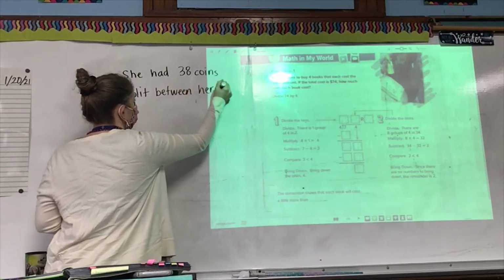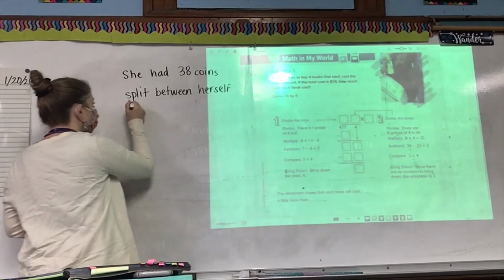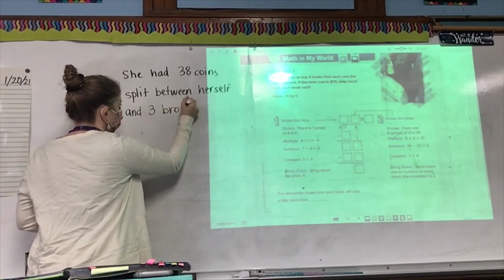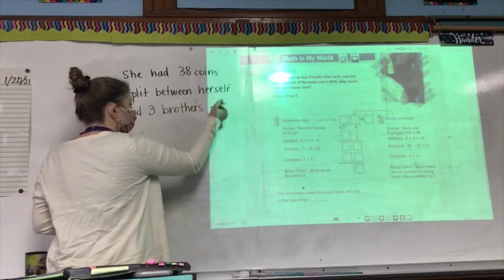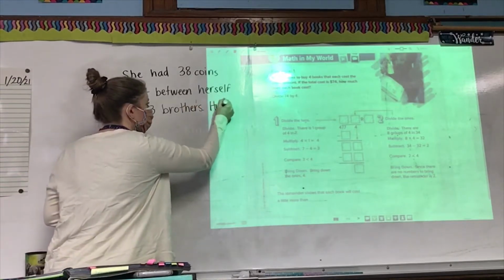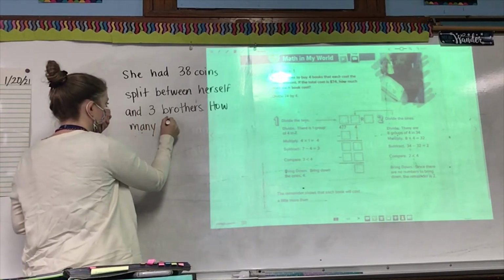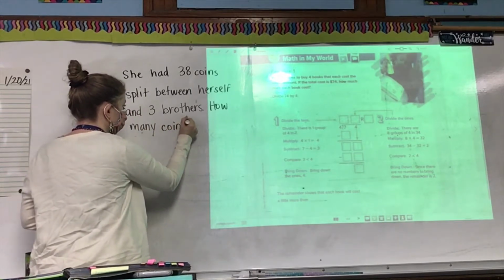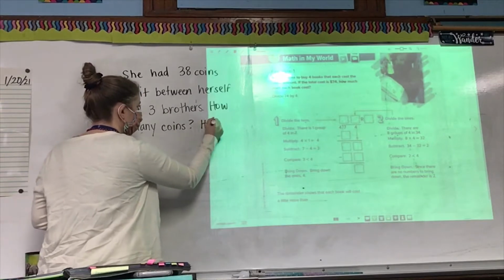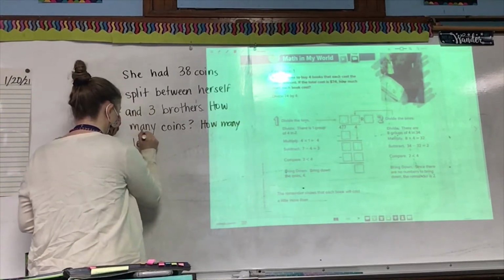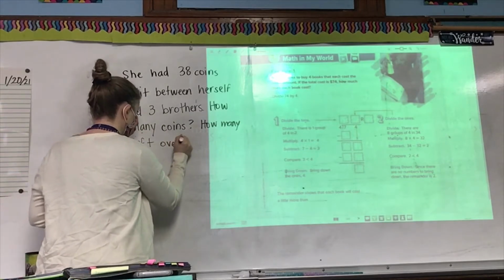She wanted to split them between herself and her 3 brothers. And then it asks how many coins each gets and how many are left over.